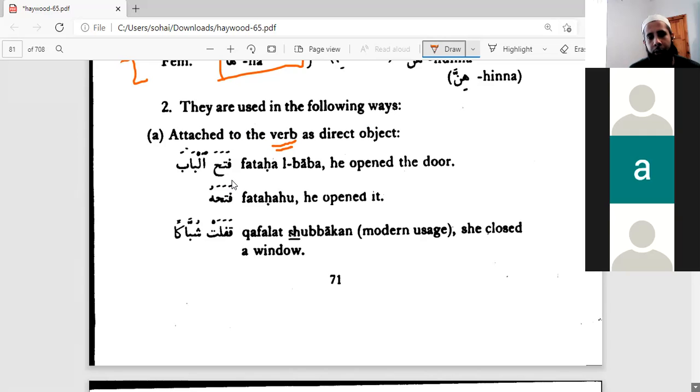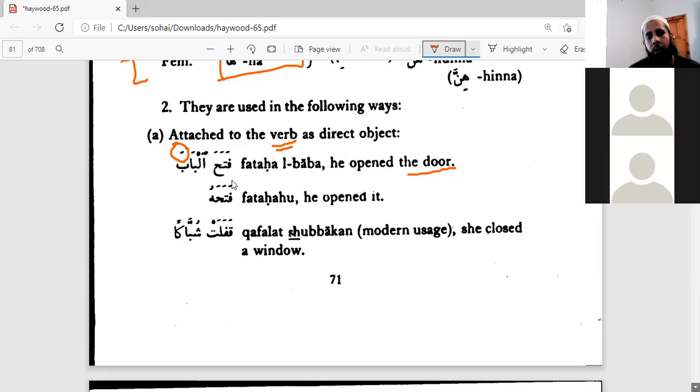We say fataha, which means he opened, al-baba. Al-baba is the object, it's accusative. He opened what? The door. So instead of saying he opened the door, if you want to say he opened it, you say fataha hu.